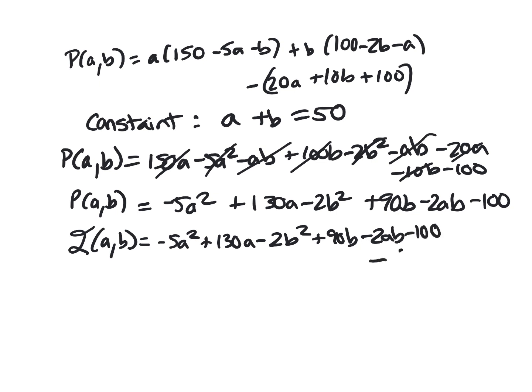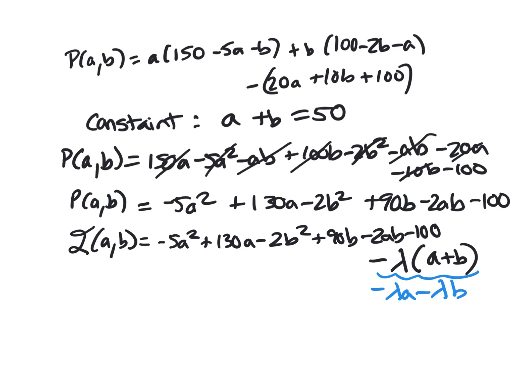Then it's going to be minus lambda, so that multiplier constant, times the constraint, which is A plus B. Again, we're going to forget about the 50. That'll come into play later when we have to solve things. And if we just wanted to distribute this little piece out, it's just minus lambda A minus lambda B.